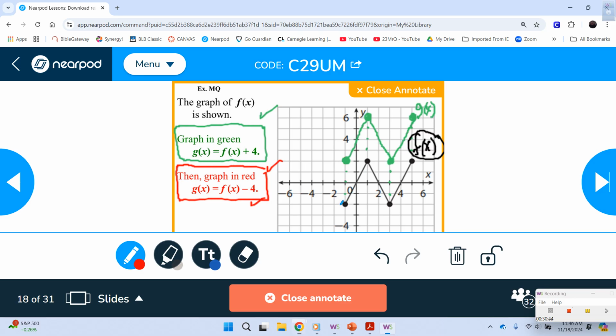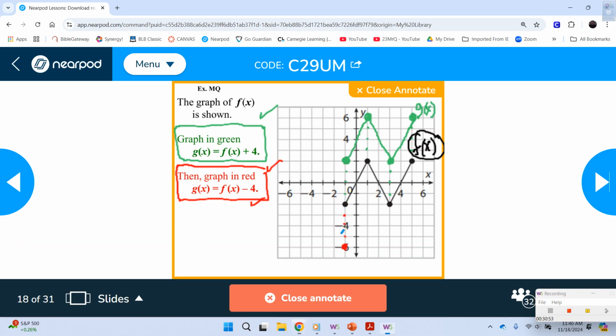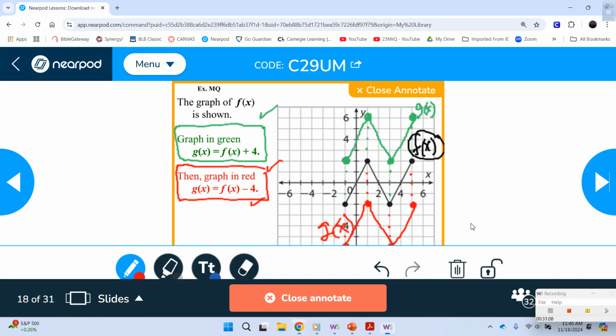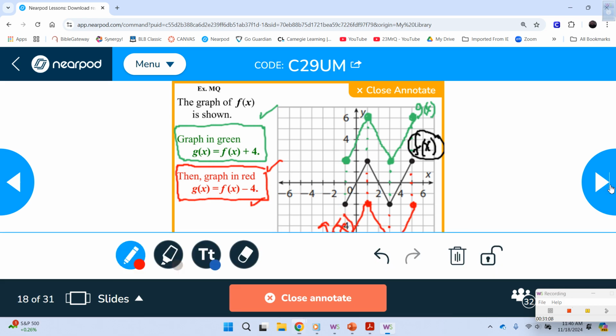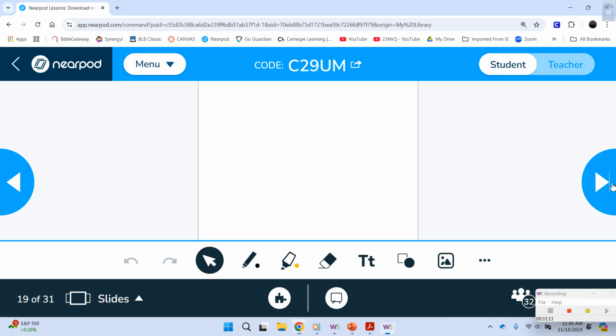So we go from here, we go 1, 2, 3, 4. 1, 2, 3, 4. And we label that g of x. All right. Send me your notes or take a picture of what you did on your graph. Send that in, please.